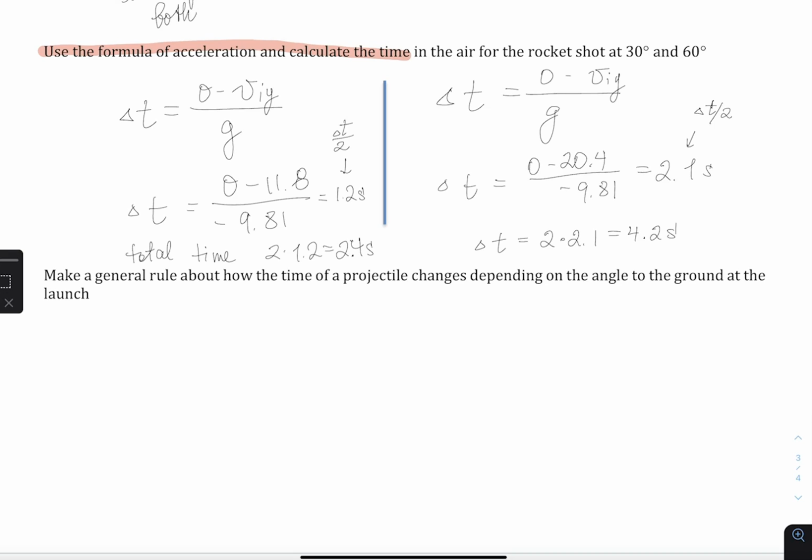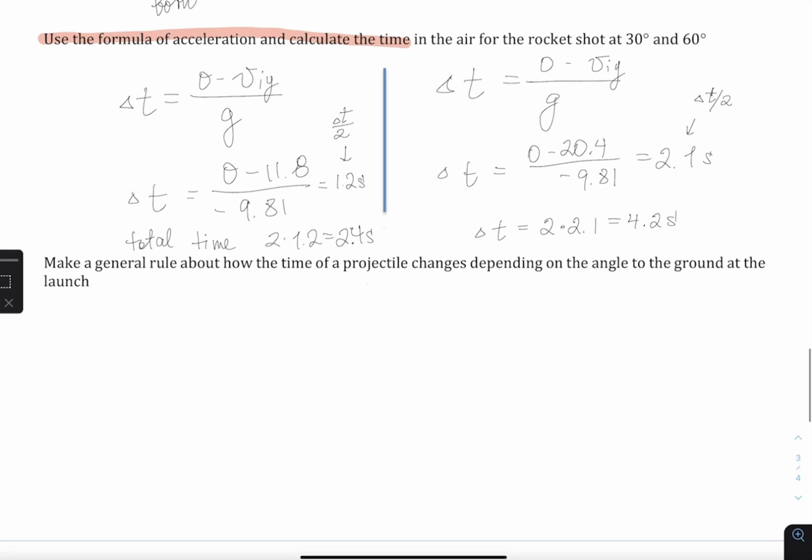So make the general rule about how the time of a projectile changes depending on the angle to the ground of the launch. So if I say V1 equals V2, like if we take the same rocket and shoot it with the same speed, then as the angle increases, so for example from 30 to 60, V times sine of theta also increases.